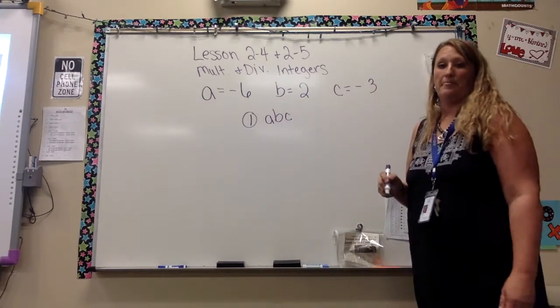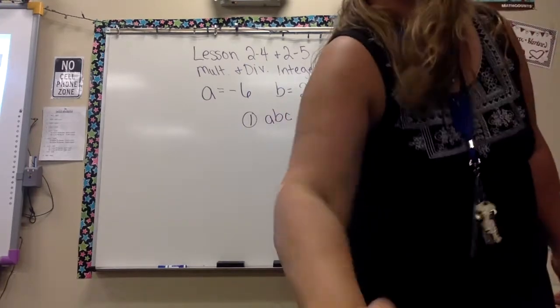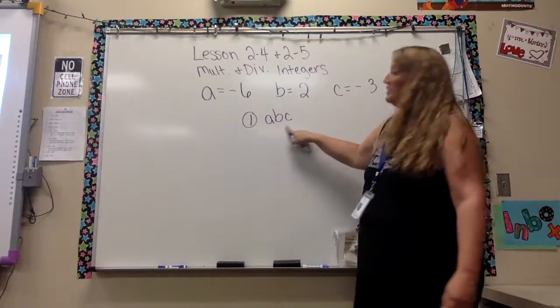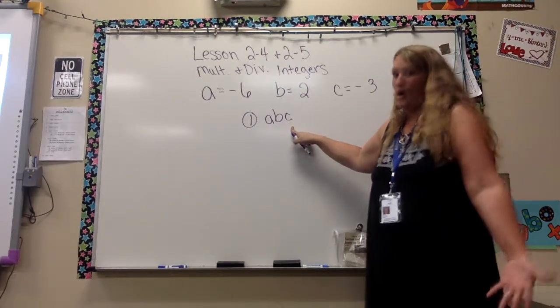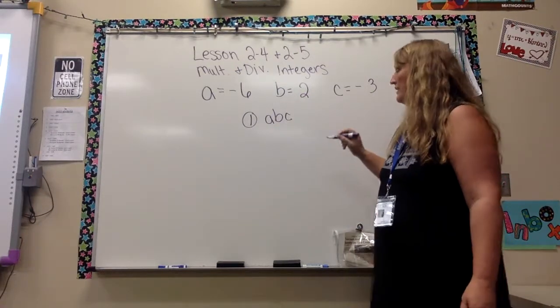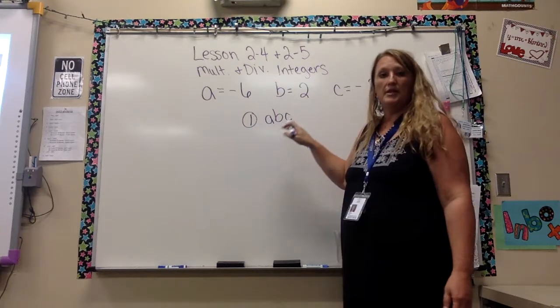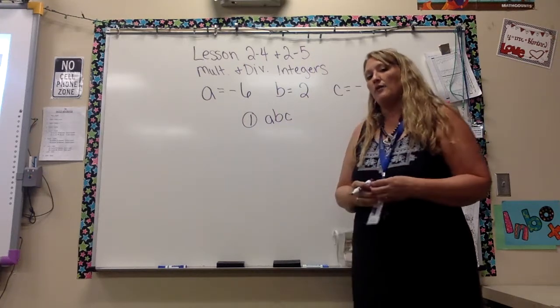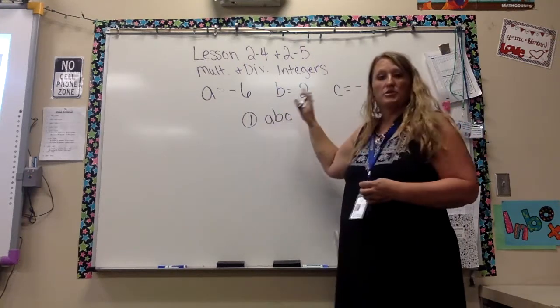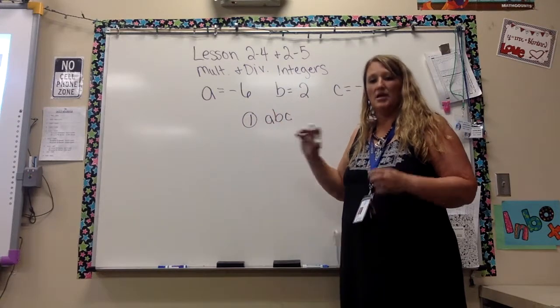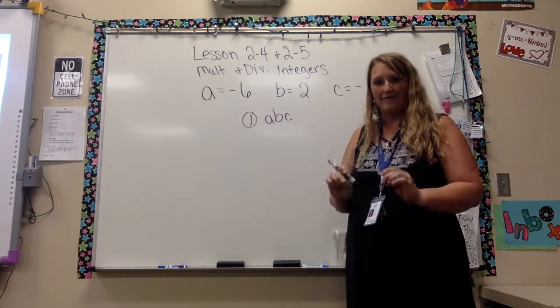Now we know that when they're squished together like this, it automatically is multiplication, right? So when we put the numbers in, we have to be really careful. And now that we're starting to use negatives and positives, this has to happen every time.